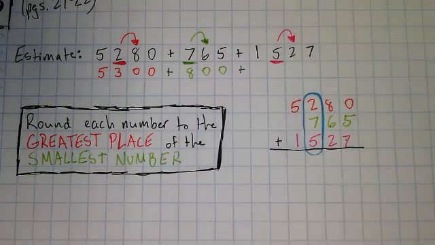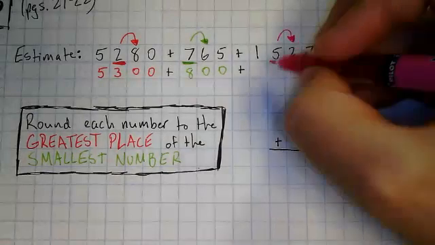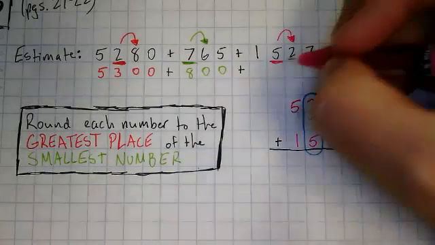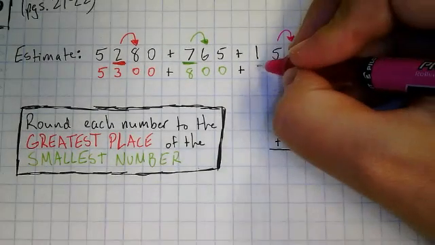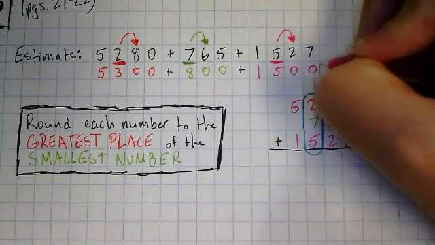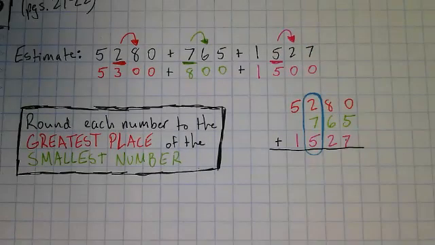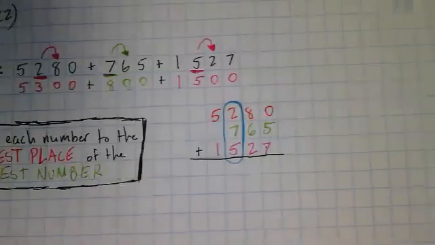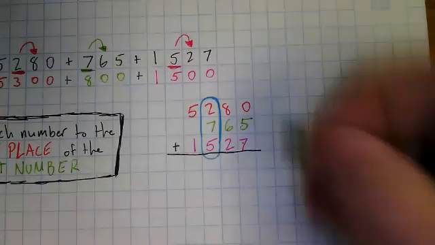2 would be in the 4 and below section. 4 and below rounds down. So that 5 stays a 5, and 1,527 becomes 1,500. Everyone with me so far? Okay. So we're going to take these numbers now. Hopefully you got that written in because we're going to move to the side just a little bit.